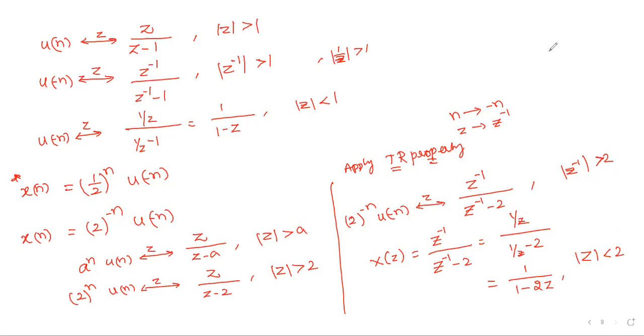We need to be very careful. Mod z inverse greater than 2 means 1 by z greater than 2. 1 by z greater than 2 means you send z to this side and 2 to that side.